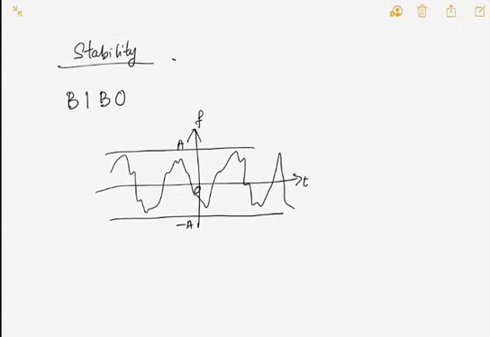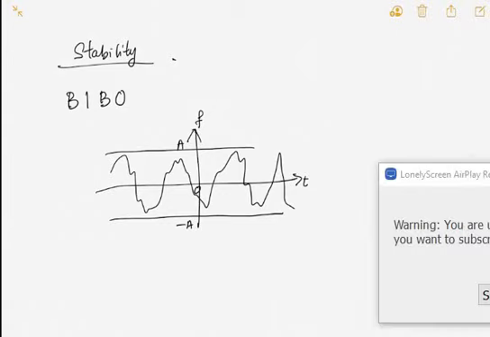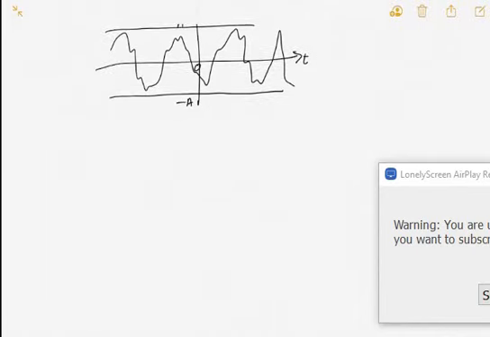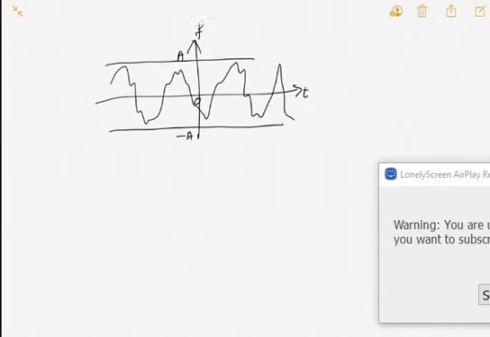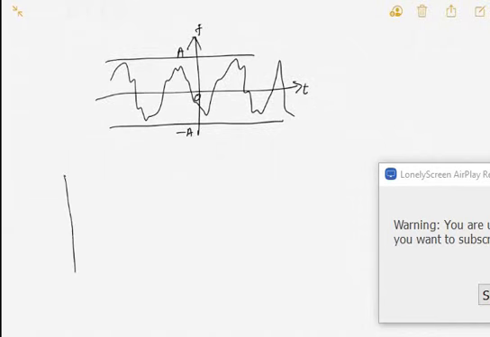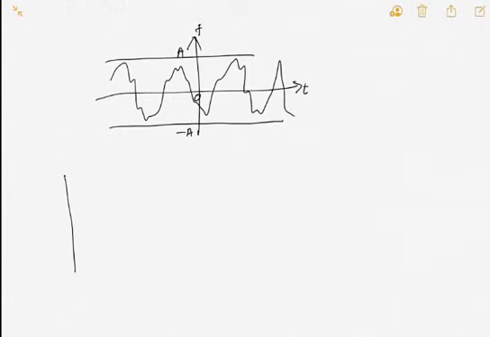Okay. What is a stable system? A stable system is bounded. So if we want to present it in a graph, let's say we have an exponential graph. So this graph is a decaying exponential signal.